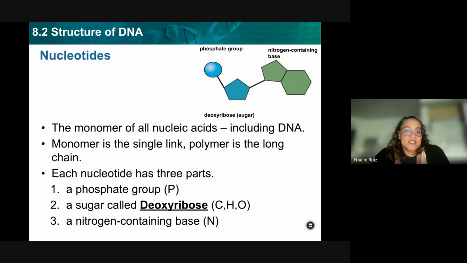Remember, a monomer is the single link and a polymer is the long chain. Each nucleotide has 3 parts: a phosphate group, a sugar, whose name is deoxyribose, and it's where DNA gets its name, and a nitrogen-containing base.